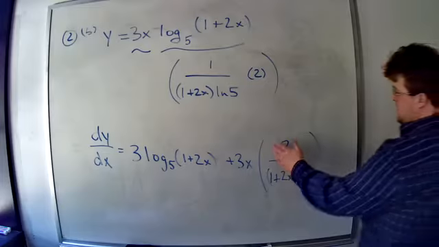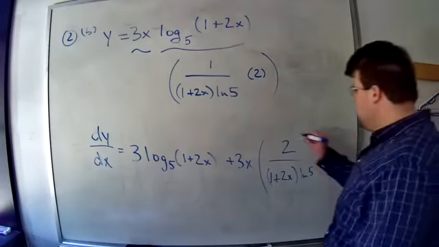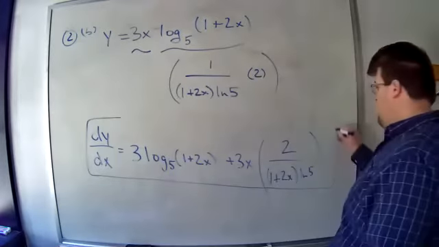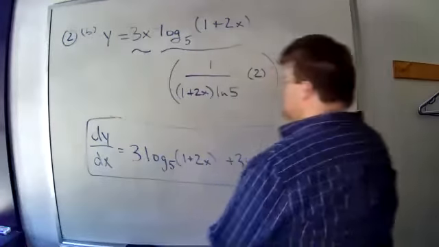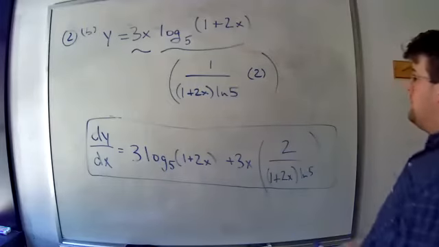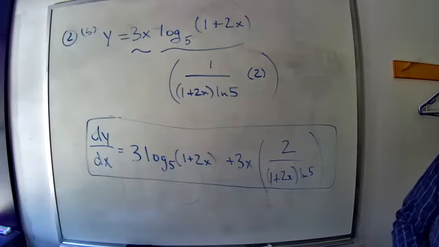And of course, you could write this as 6x over all that. I'll just leave it like this, I guess. It makes the product rule stand out. So derivative of the first times the second plus the first times derivative of the second. Any questions about that?